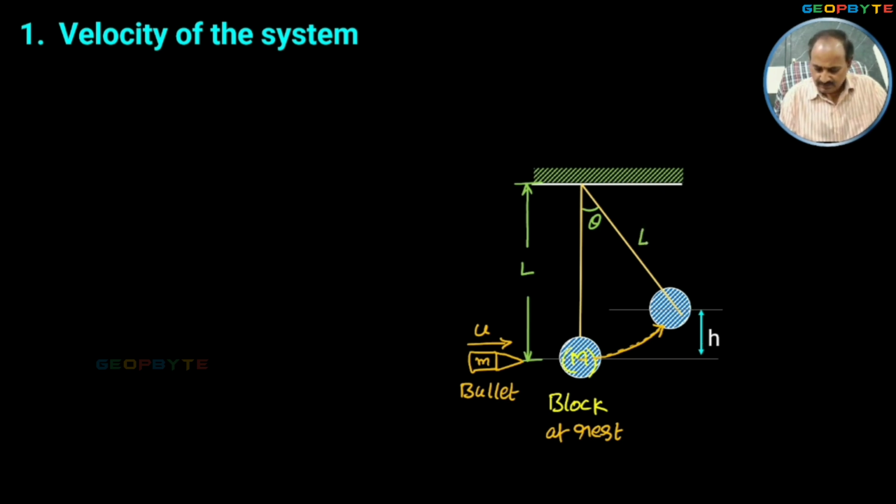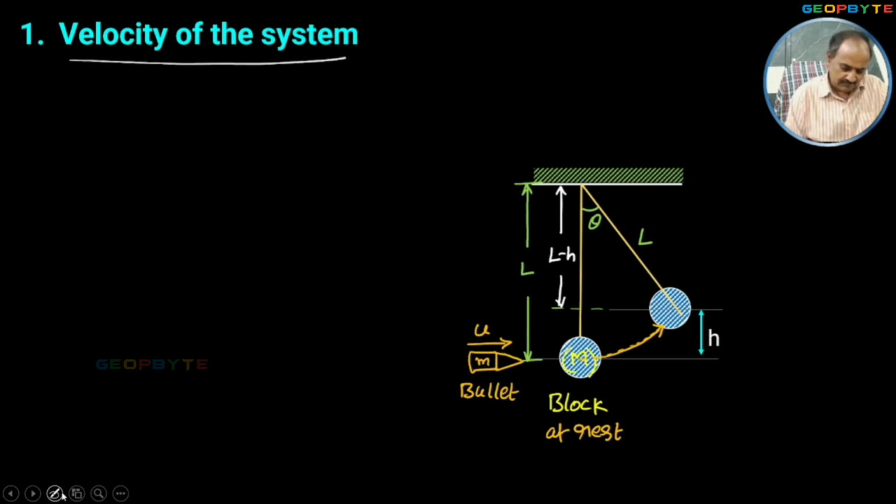Then this is the L. This height I can say is L minus h. Okay. Now let us decide the velocity of the system, means velocity of the whole system.